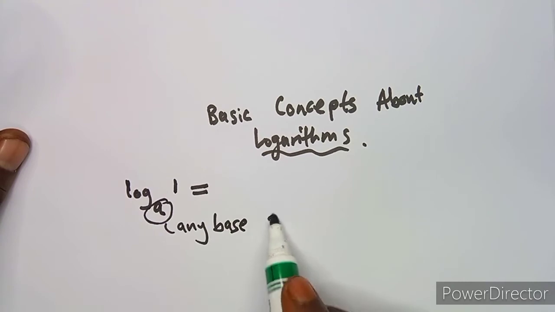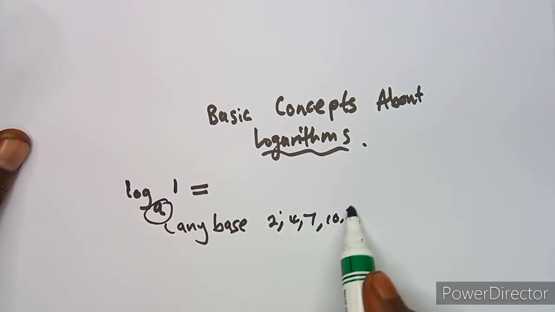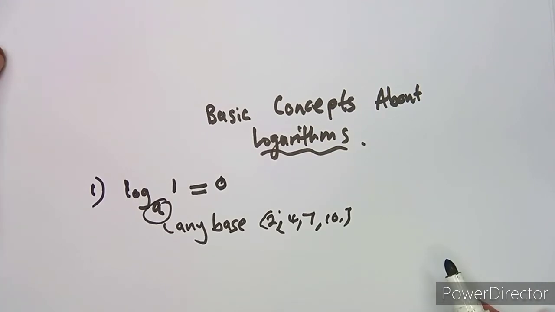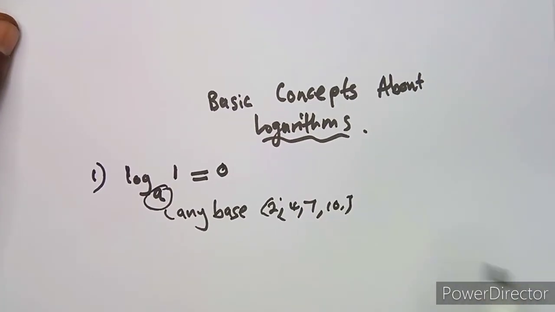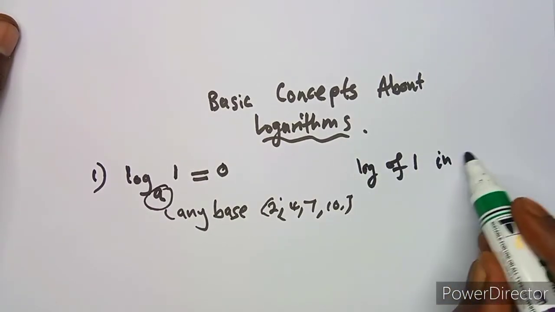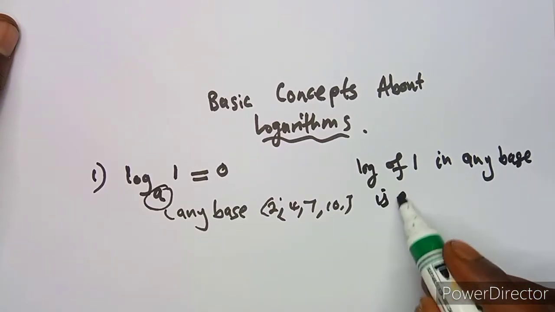It can be base 2, base 4, base 7, base 10. Any base of your choice, you are going to obtain a 0. So that's the first concept that you're supposed to know, that the logarithm of 1 in any base is equal to 0.